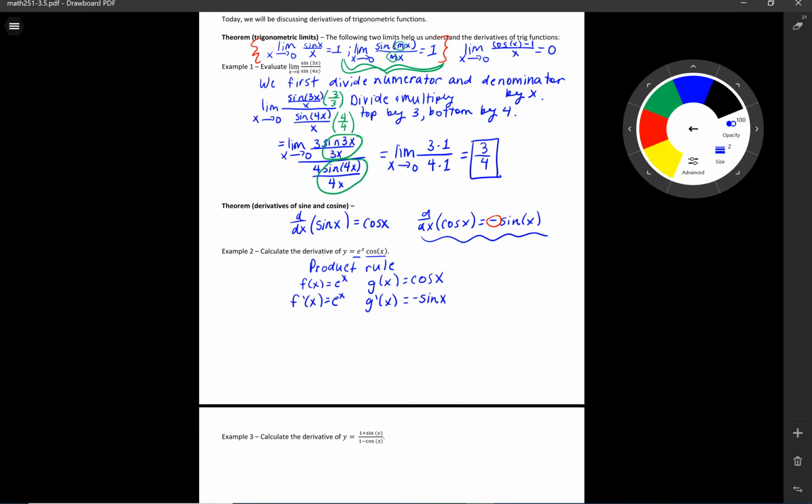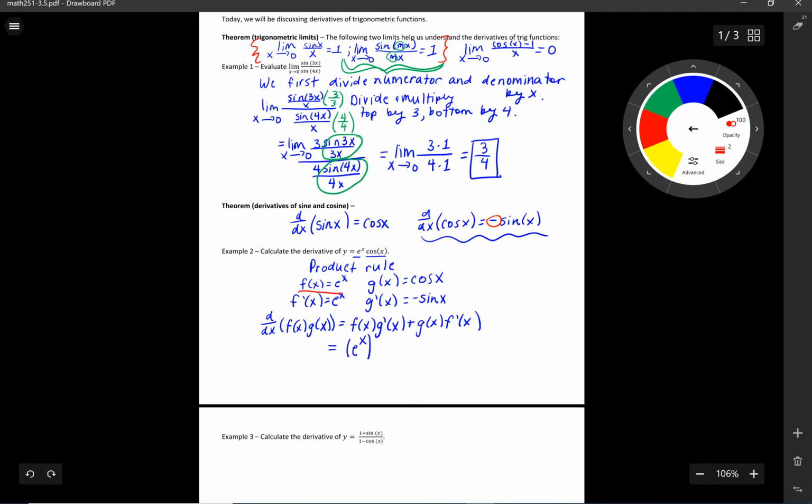And then remember, the product rule says that the derivative of f of x times g of x equals f times g prime plus g times f prime. So if I plug all of my pieces in here, f of x is equal to e to the x.